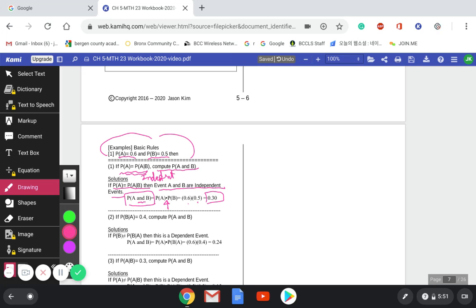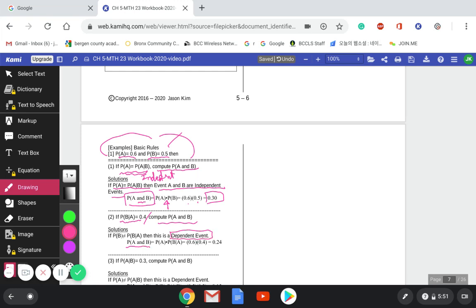But if they give you the given value, like if probability of B given A is 0.4, then since B is 0.5 and B given A is 0.4, they are not equal, so they are dependent events.